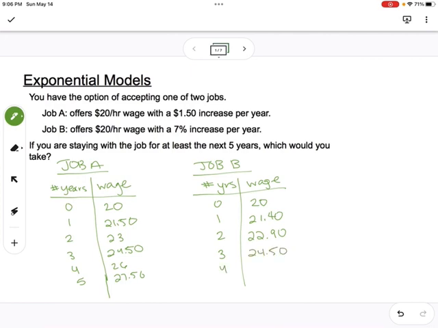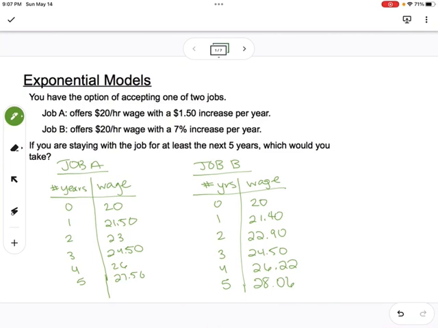Year 4, $24.50 times the 7%, and it's bringing us to $26.21. Sorry, we're rounding to $26.22 per hour. And then at year 5, we'll be at $28.06.